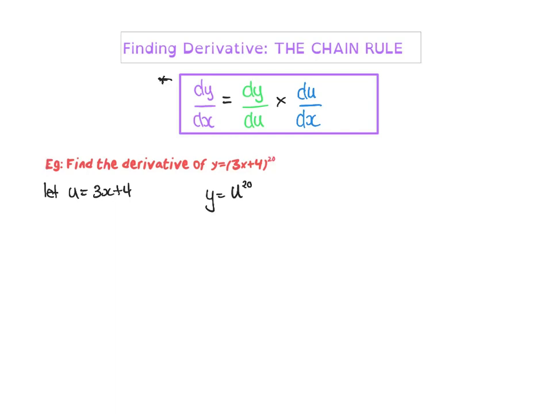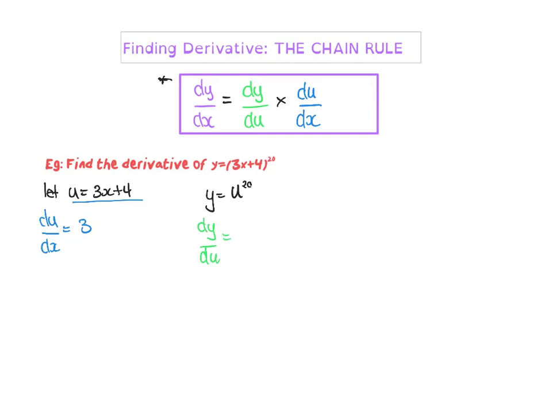We can find du/dx of this first one. You just find the derivative of this function, which is actually 3, because it'd be x times 3, and you reduce the power. And then over here, we find dy/du, the derivative of this function.